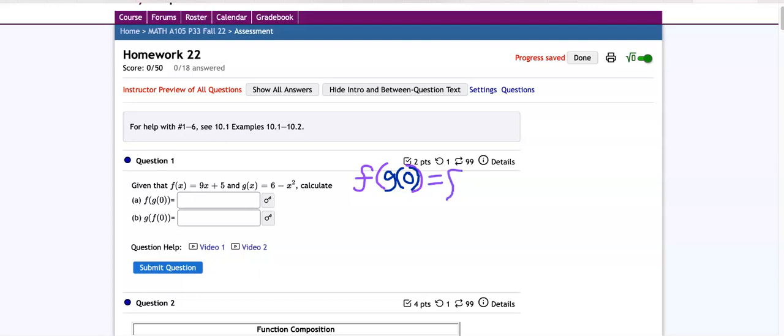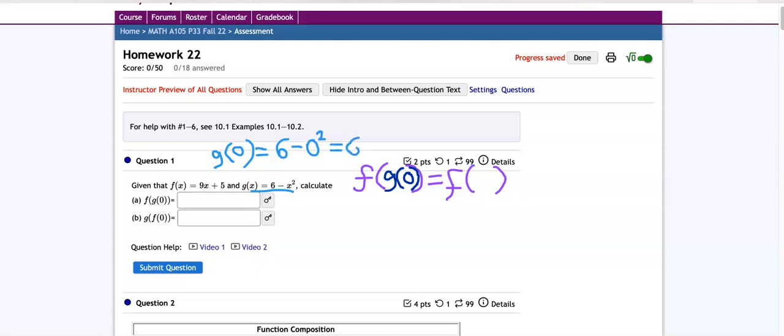I'm going to copy this again, leave parentheses here, and replace g of 0 with what g of 0 is equal to. If I come over to the g function, I can see that g of 0 is equal to 6 minus 0 squared, which is 6.